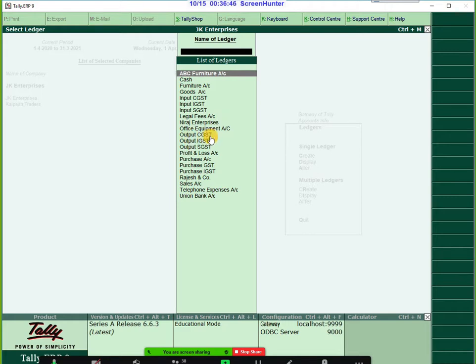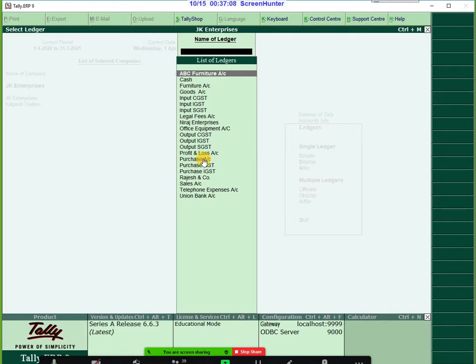Output CGST, central GST, output integrated GST, output state GST account, profit and loss account, which by default comes in each and every company in Tally.